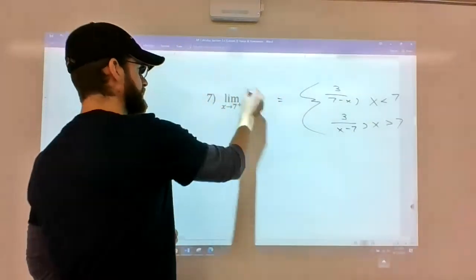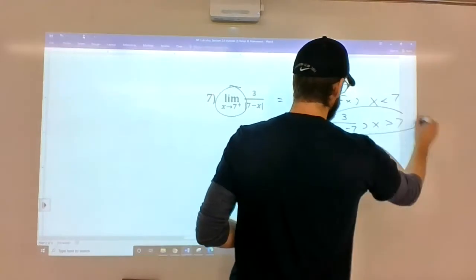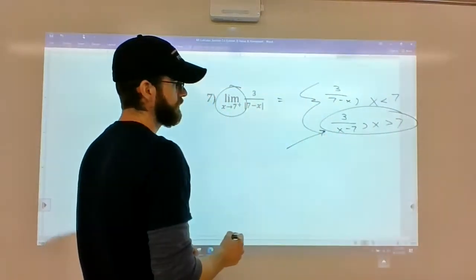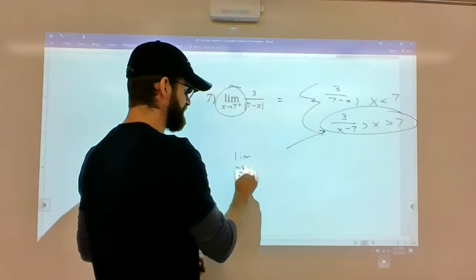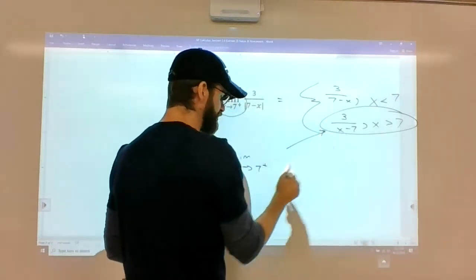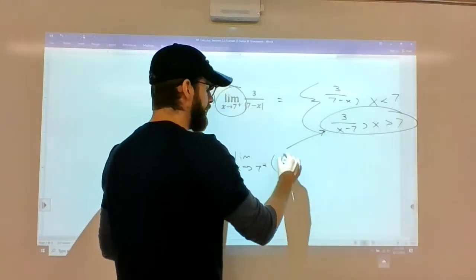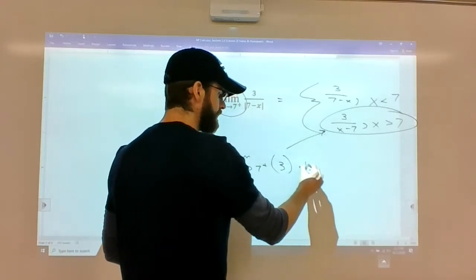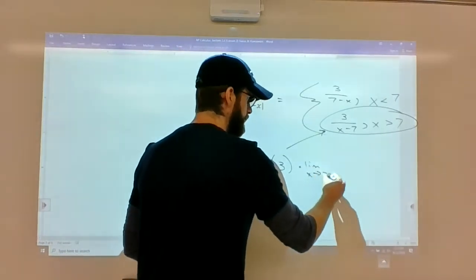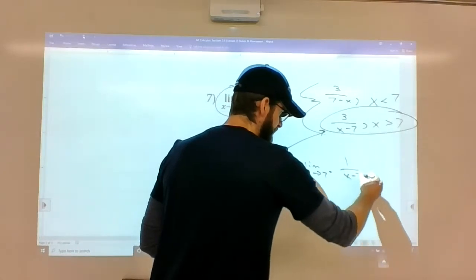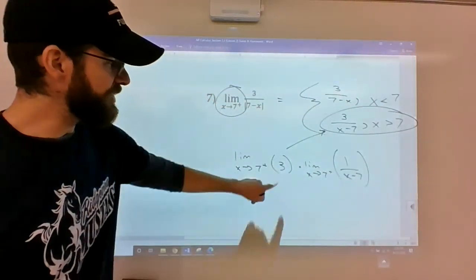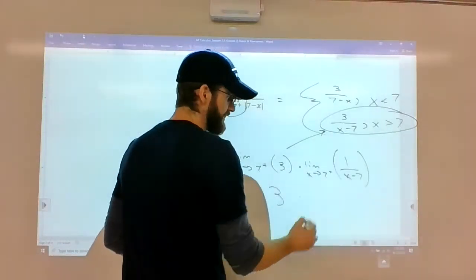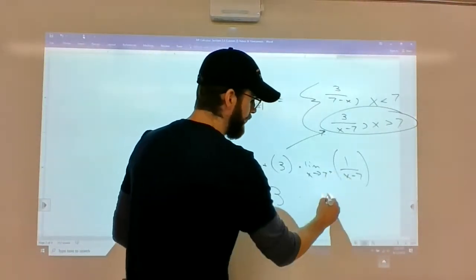From the right is this one. So, I'm going to say the limit as x approaches 7 from the right of this function is the same as 3 times 1 over x minus 7. You know, the whole split apart deal, which gives us 3 times, from the right, positive infinity.